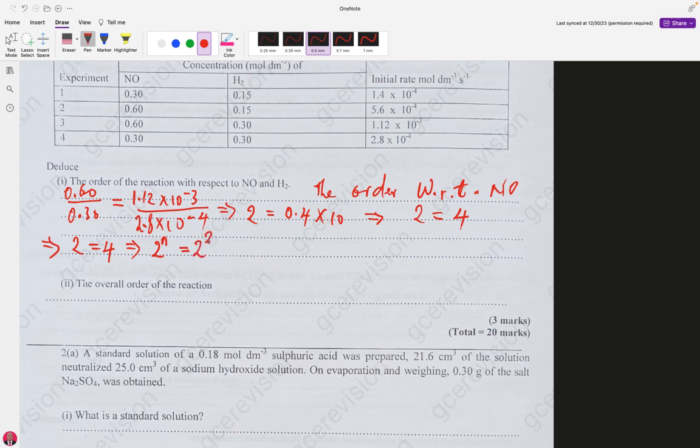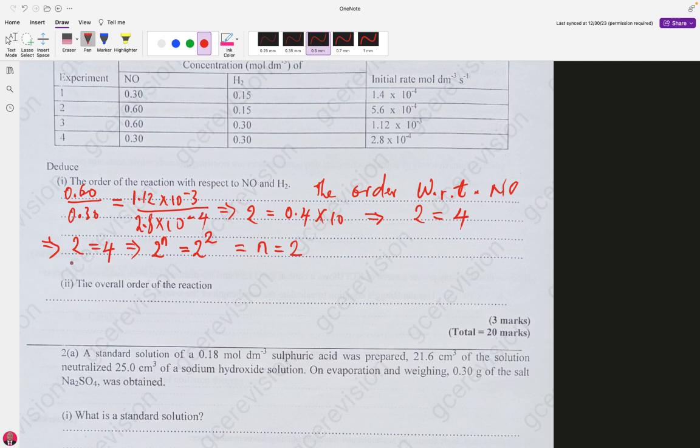It will be 2 to 2. Now because they have the same base, we can say n is equal to 2.